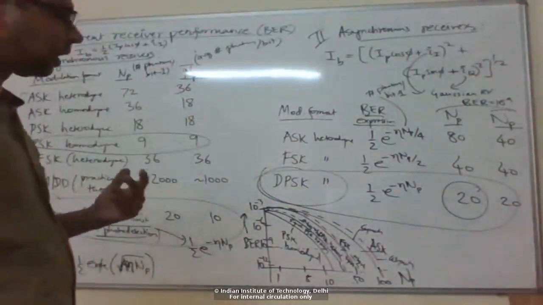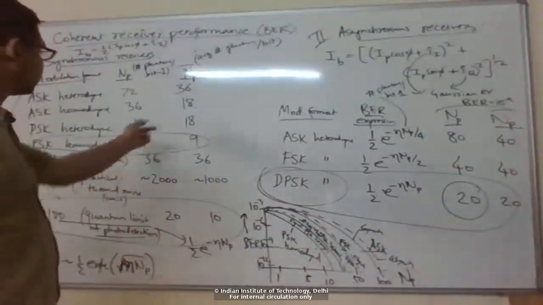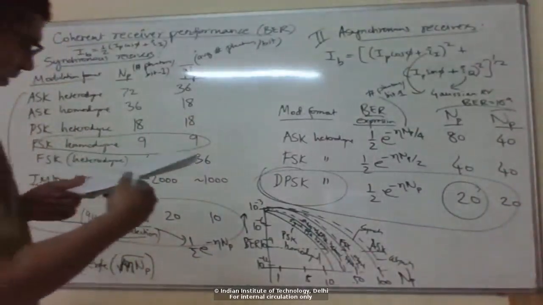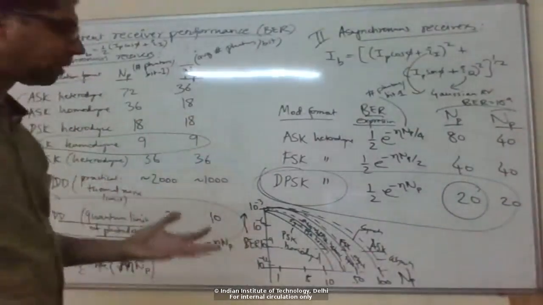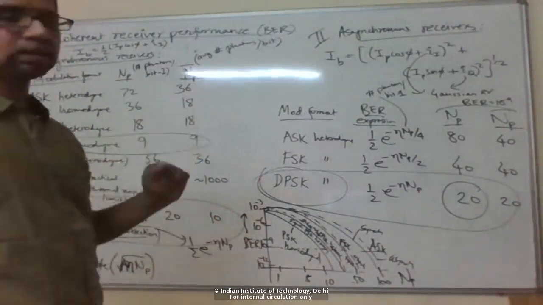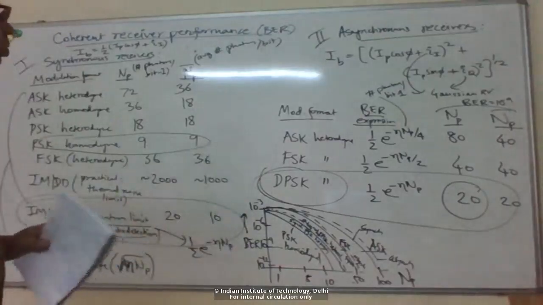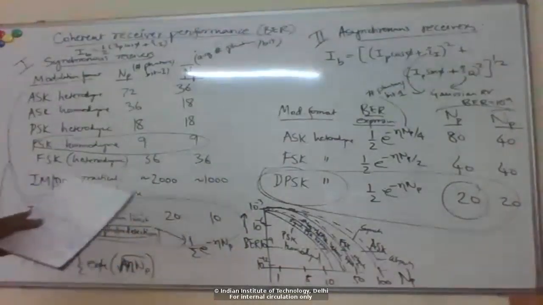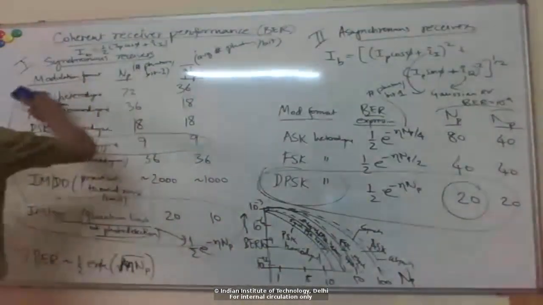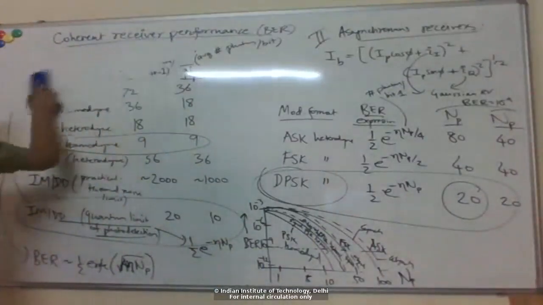But of course, there are other factors that could lead to degradation in the sensitivity, which we measure by a power penalty: how much extra power we need to get the same BER. We have discussed a few mechanisms for power penalty in the IMDD case. Similarly, we can discuss a few important ones for the coherent receiver case.